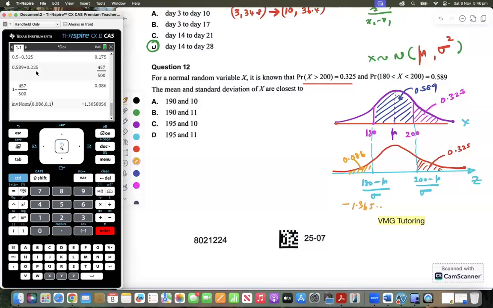I can find the second value as well. That has to be 1 minus 0.325, because your calculator, since it's a TI, doesn't work from the right. So I have to do it properly. Okay, this answer is 0.4537.